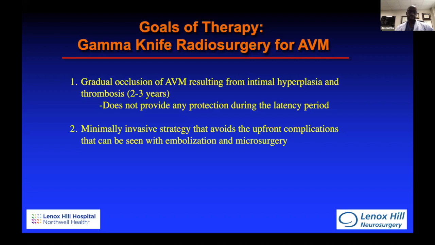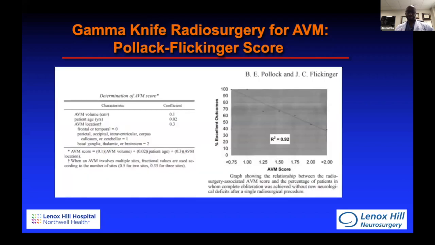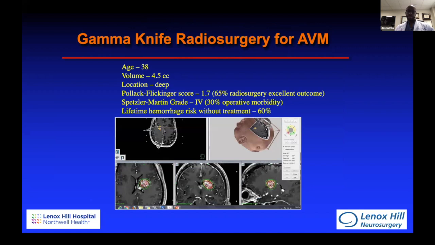However, it is a minimally invasive strategy and can avoid some of the upfront risks and complications that you can see with embolization and microsurgery. There are grading scales out there to tell you who might be a good candidate for gamma knife. Not everyone is.